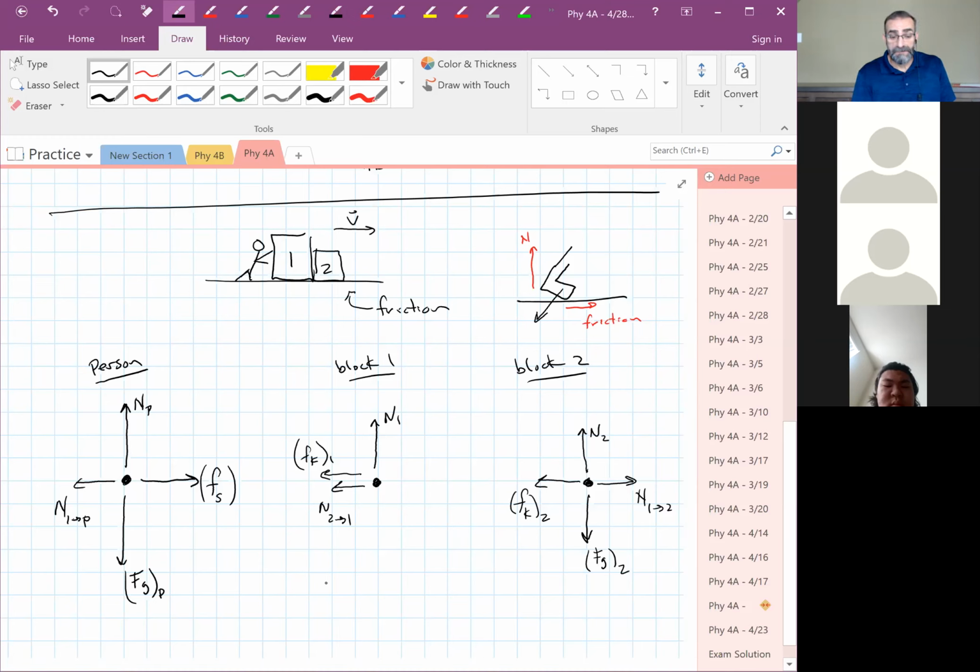The person is pushing it to the right. Normal force, I'm calling it. I'm just viewing the hand like a surface pressing on it. That's why I'm calling it a normal force. If you want to call it F push, call it F push. But I've got the person on block 1. That's everything that's touching it. What can reach in from a distance? Gravity.